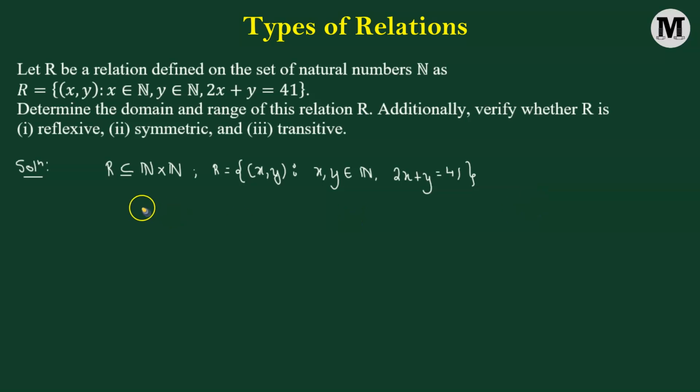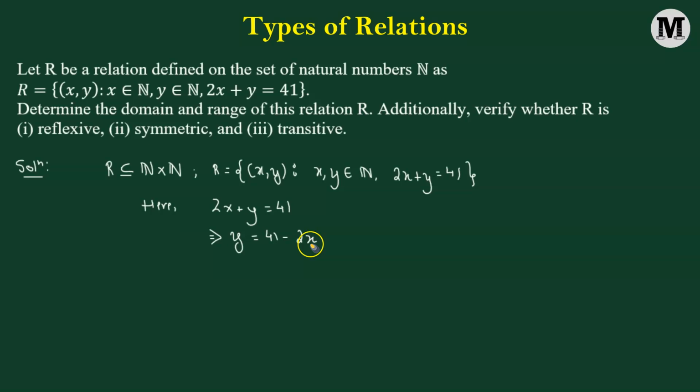Okay, so here we have the equation 2x + y = 41. Let's isolate y from here. Isolating y is going to give us 41 - 2x. Now we're going to take some specific values of x, where x is some natural number such that y is also a natural number.